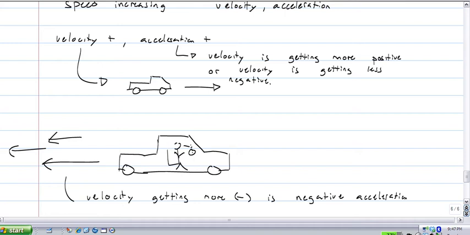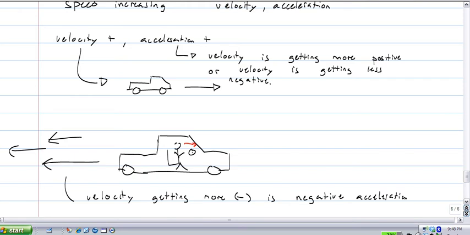So if you think about it like driving a car, going forward is positive velocity, going backwards is negative velocity. One way to grab acceleration from the whole car scenario is to think, where are you getting pushed in your car? Is whatever you're doing pushing you to the back of your seat, or is it making you lean forward? If whatever you do in your car makes you lean forward, you're experiencing negative acceleration.